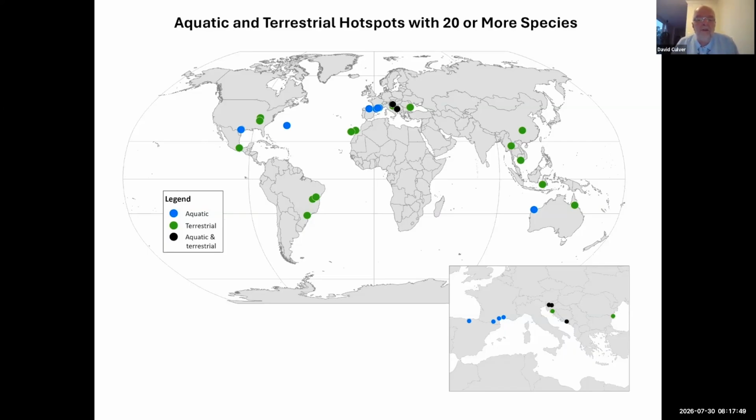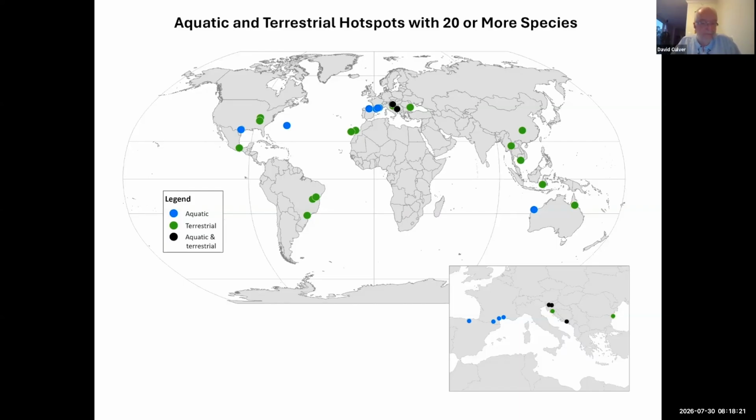And if you look at that, particularly if you also include the inset from Europe, you can see that most of the aquatic sites are north temperate. So in a way it repeats what we knew in 2000, that most of these sites are in the north temperate zone. The terrestrial zone is very different, as we'll see in a minute, and requires a different explanation as well.